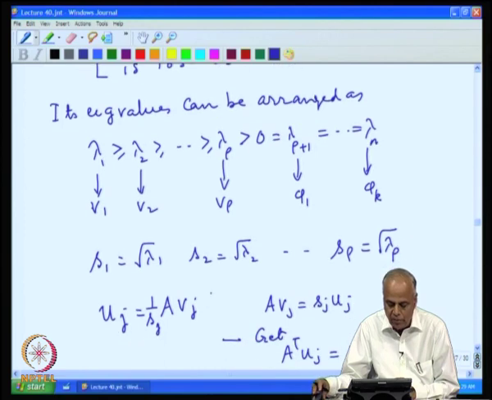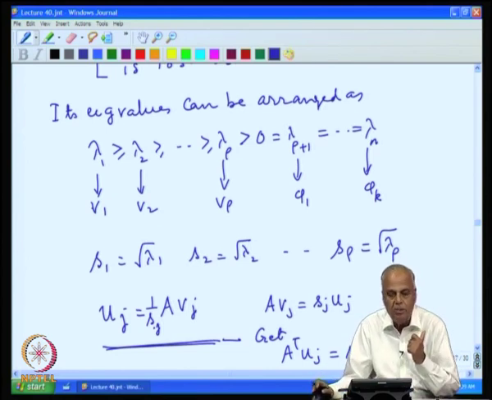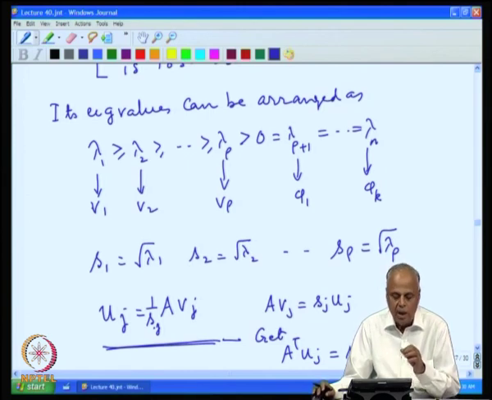But we have seen that we can even get U1, U2, ..., U rho the moment we get S1, S2, ..., S rho and V1, V2, ..., V rho, because the u's can be found from the S's, the V's and the given matrix. So, the crux of the matter is finding lambda 1, lambda 2, ..., lambda rho, V1, V2, ..., V rho. Lambda 1, lambda 2, ..., lambda rho are the positive eigenvalues associated with the positive semi-definite matrix L, and V1, V2, ..., V rho are the corresponding orthonormal eigenvectors.